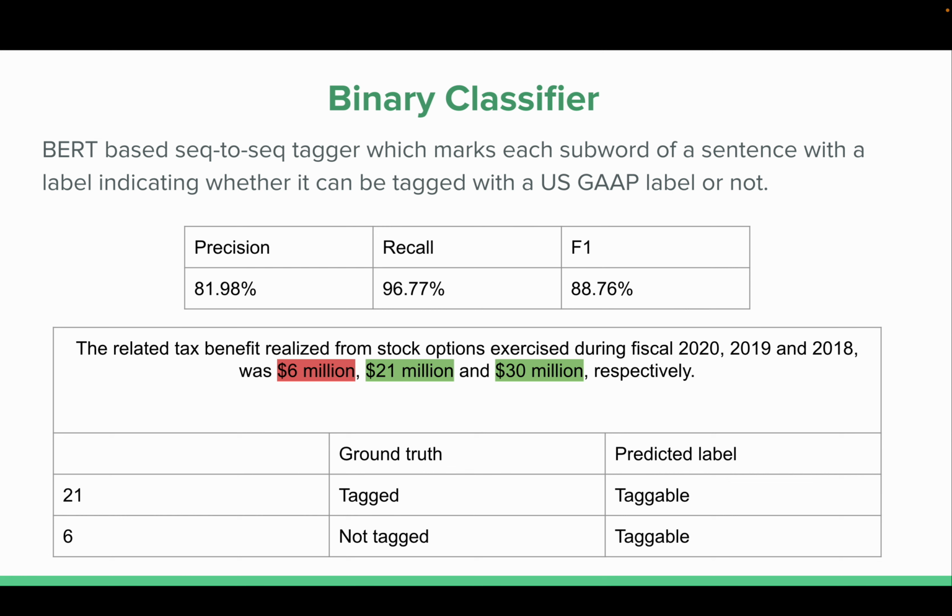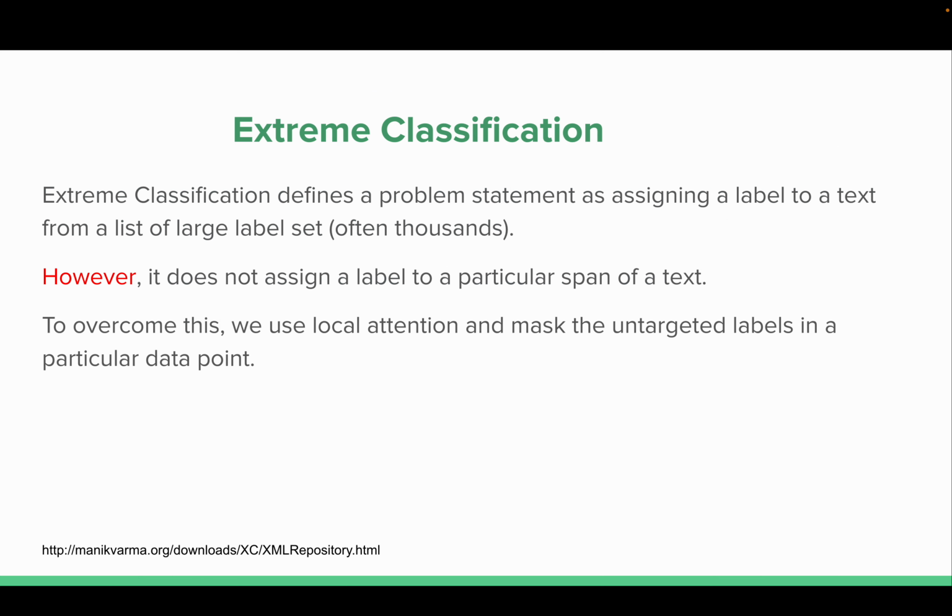Our model predicted $20 million correctly, but it failed on the $6 million, because the model predicted it should be taggable, but the ground truth was it should not be tagged. For that reason we have a lower number in precision, but we got a very good F1 score, which is almost 88%.